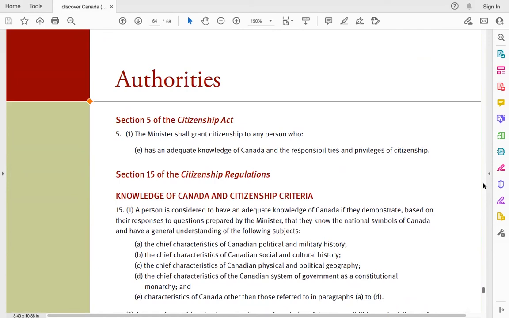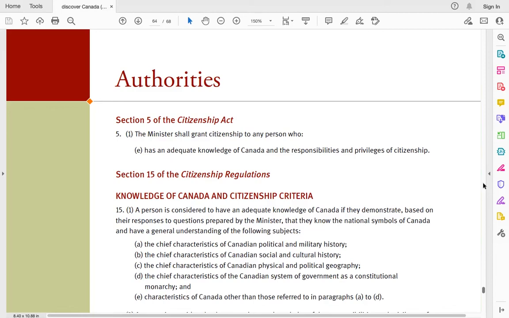Section 15, subsection 1. A person is considered to have an adequate knowledge of Canada if they demonstrate, based on their responses to questions prepared by the minister, that they know the national symbols of Canada and have a general understanding of the following subjects. A, the chief characteristics of Canadian political and military history.